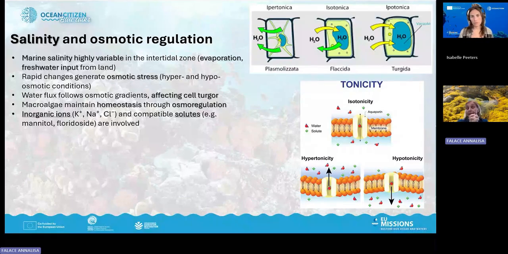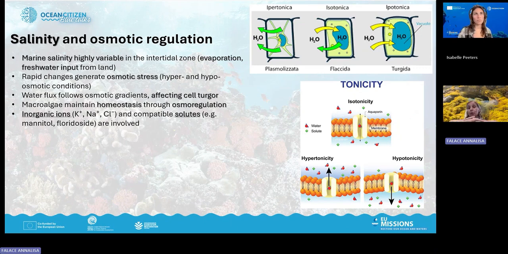Salinity is a big challenge for these algae because the changes in salinity due to evaporation or to freshwater input from land, from rain, for example, cause very rapid changes and osmotic stress that can affect the cell turgor. And this can lead to the death of the cell.